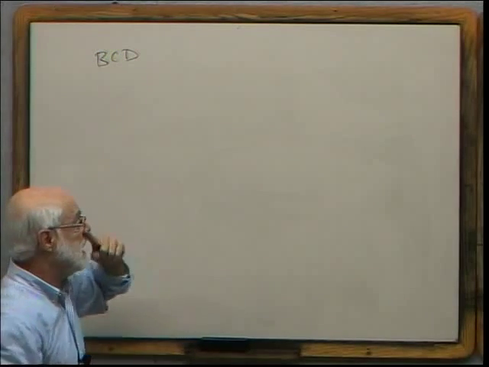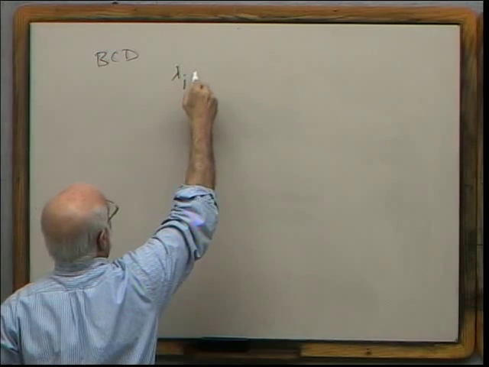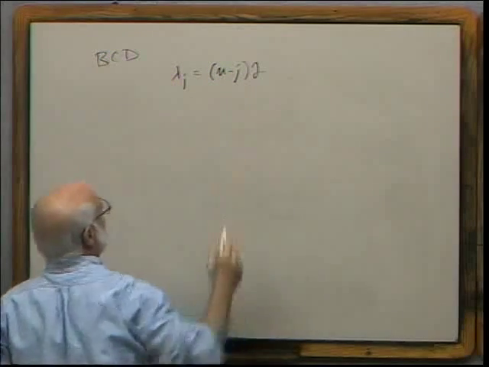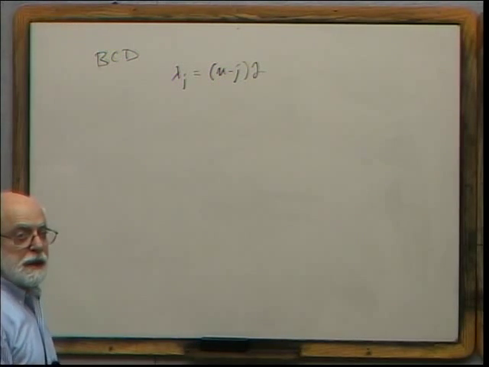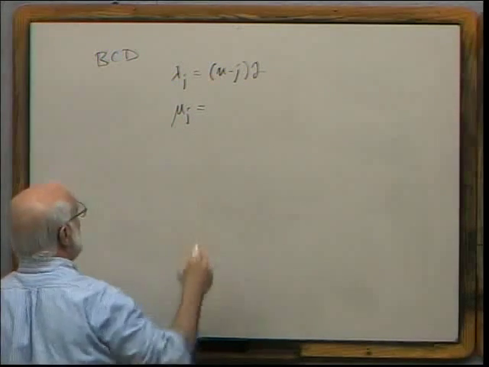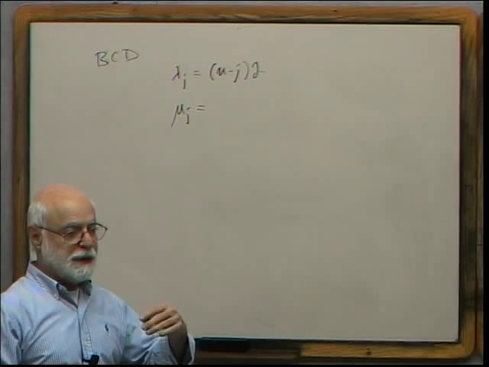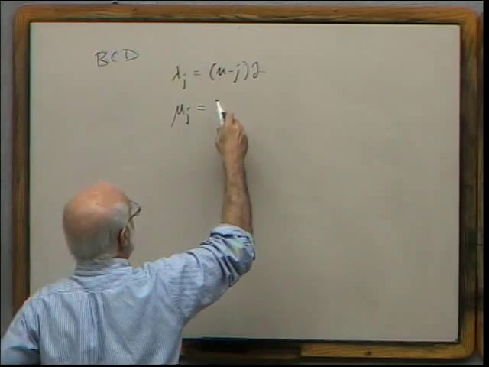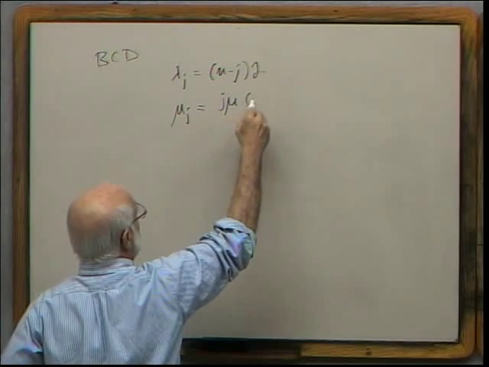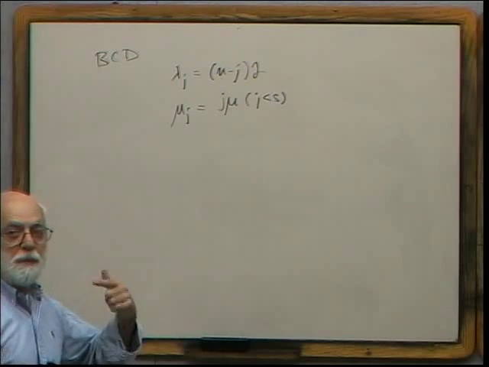Okay, so in this case, we say that the birth coefficients are the same as before, quasi-random input, just like before. What about the death coefficients? Well, now this is the difference. Previously, the highest state was state S, all servers busy, and as long as I was in a state less than or equal to S, then the aggregate death coefficient was J times mu, or J over tau. But if J is greater than or equal to S, then those remaining sources are waiting in a queue.